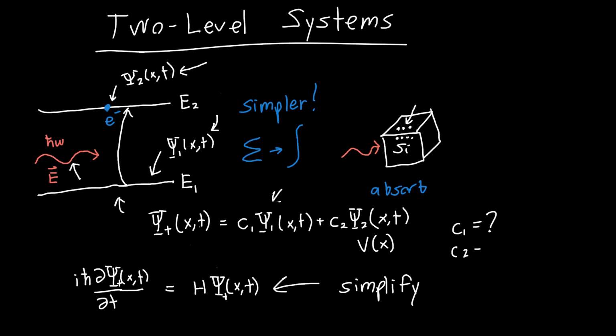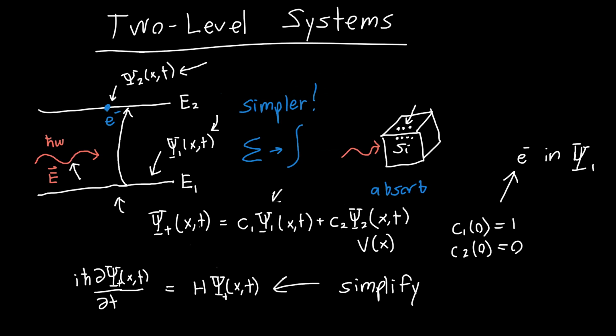So C1 is equal to what, and C2 is equal to what? We know that they're functions of time, though, because initially C1 has to be 1 and C2 has to be 0. So initially, C1 at time 0 equals 1, and C2 at time 0 is equal to 0. And this just means the electron is in state 1, or has energy E1.